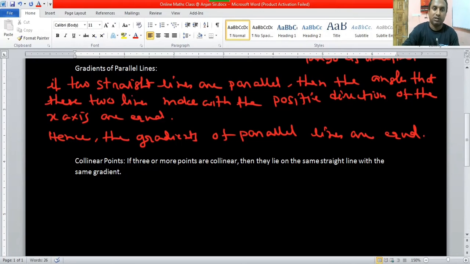Okay, if three or more points are collinear, then they lie on the same straight line with same gradient.